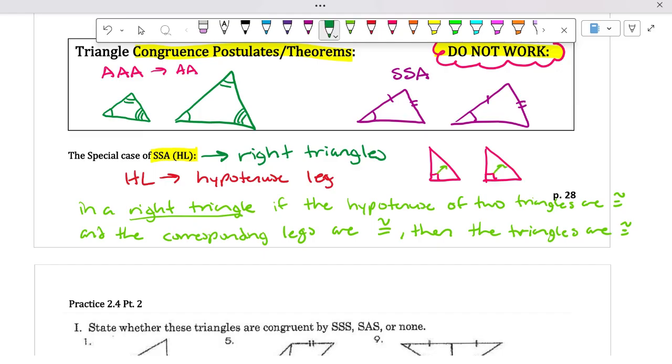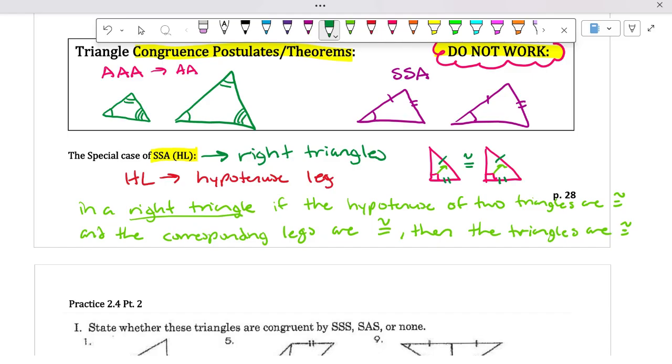So if the hypotenuse is marked congruent and a corresponding leg is marked congruent, meaning any other side of the right triangle, so let's just say this one, then the two triangles are congruent. If you look, it is technically SSA because you have an angle that's not directly between the two sides.